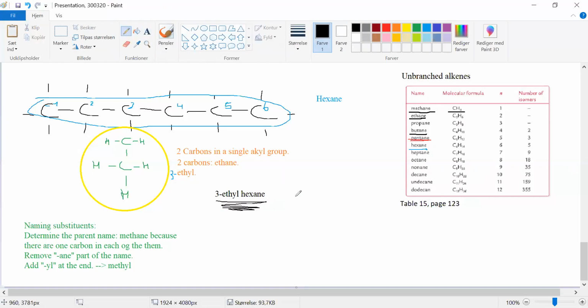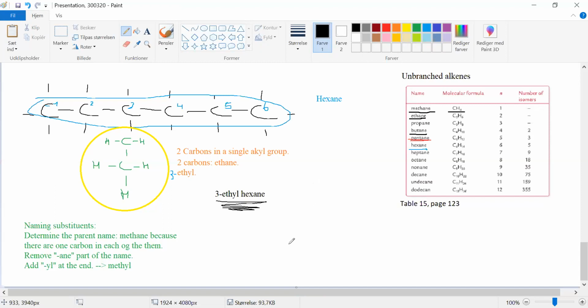And if you have both methyl and ethyl side chains, you should always put the ethyl before methyl, because you have to put it in alphabetical order, and E is before M. And the alphabetical order is without di and tri and tetra.